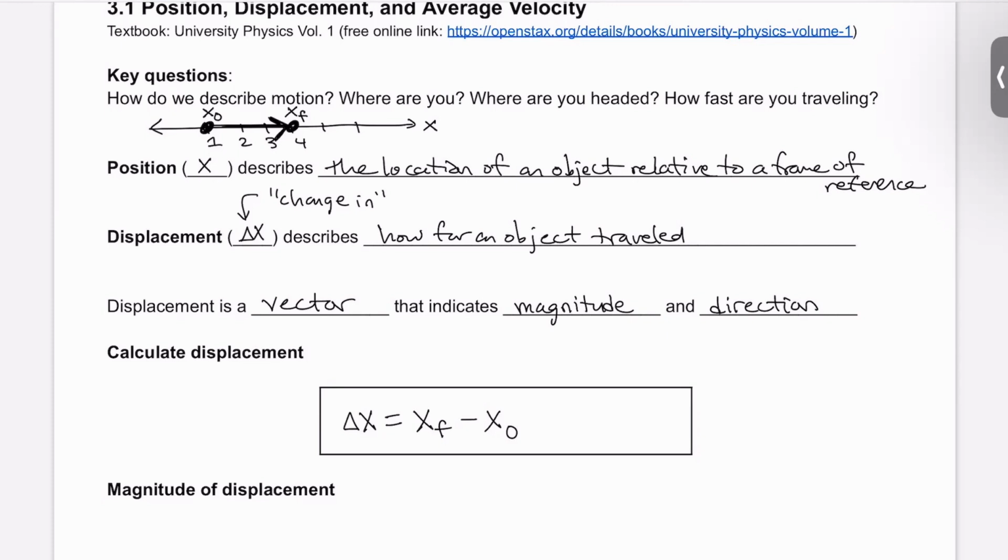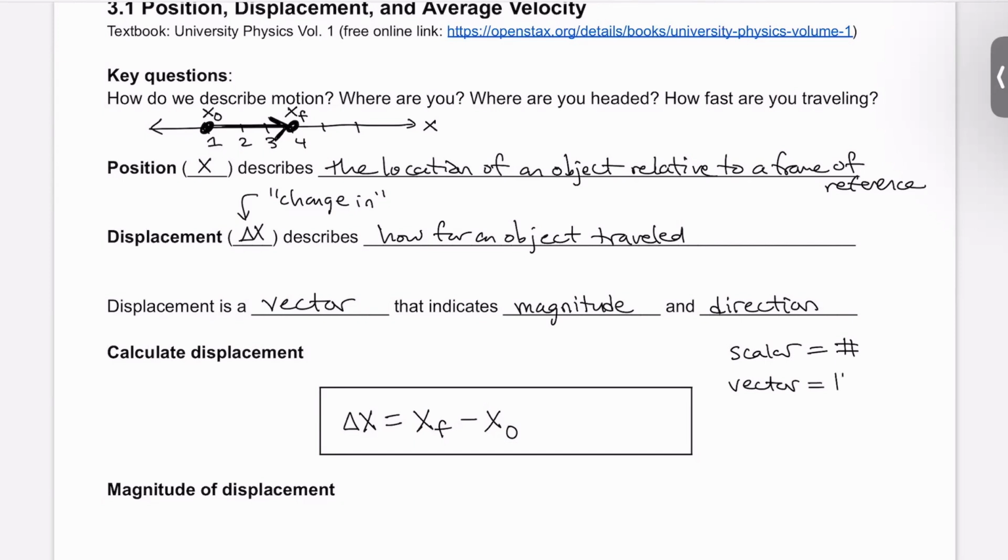So just a quick overview of scalars versus vectors. Scalars are a number, so that would be like your position x, it's just a number. And then a vector would also be a number, but its negative or positive value tells you what direction it's indicating.